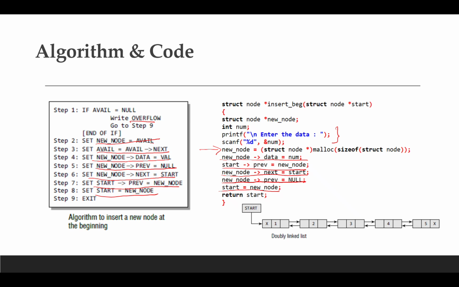Then for the start previous, we are allocating the address of the new node. Then for the new node next, we are allocating the address of the next node. And next, the new node previous is null, and we are making this the start node. So this is about inserting the new node at the beginning.